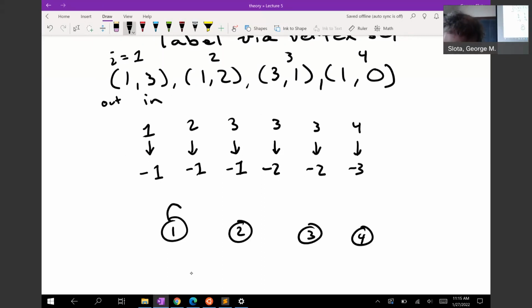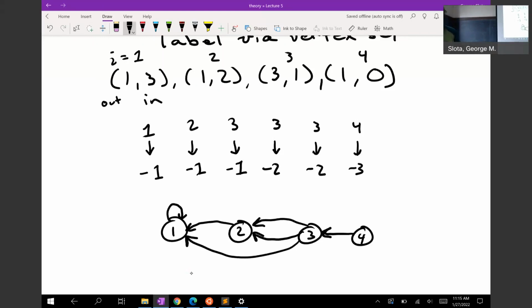So 1 to 1, 2 to 1, 3 to 1, 3 to 2, another 3 to 2. Wild stuff. Nice. Realize the graph. Directed edges.